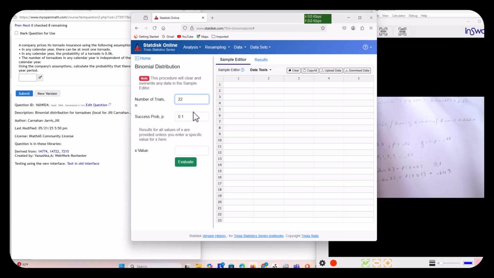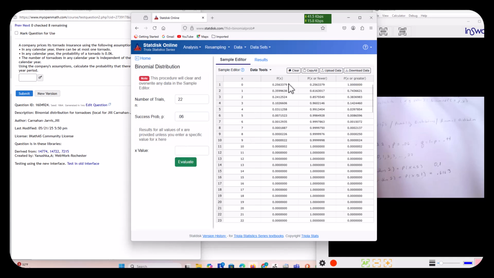The probability of success, that you're going to get a tornado, is 0.06. I'll leave the results blank because it's going to give you x equals 0, 1, 2, 3, 4, 5, and x or fewer or x or greater.